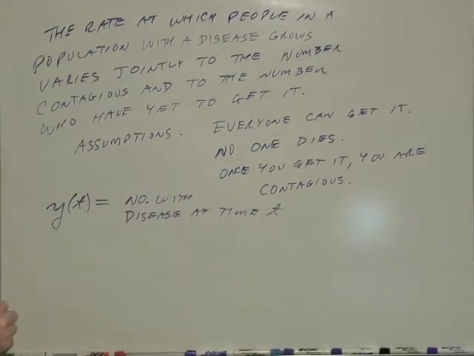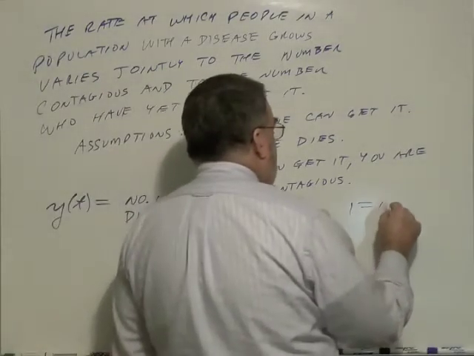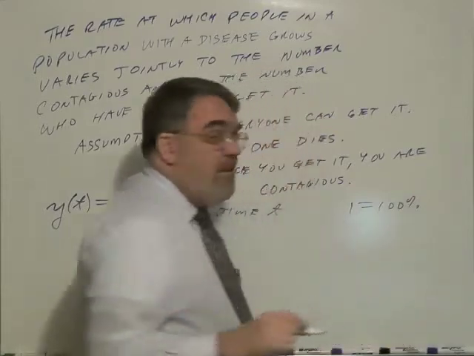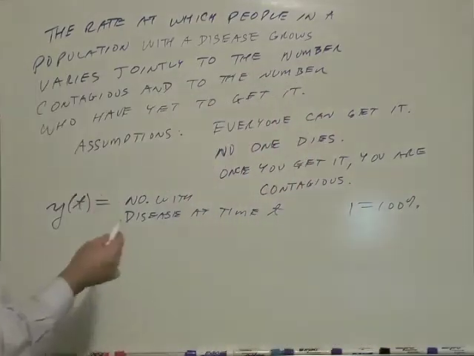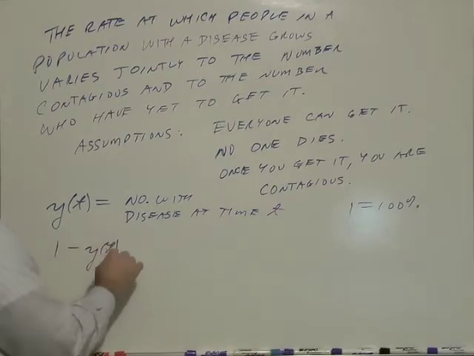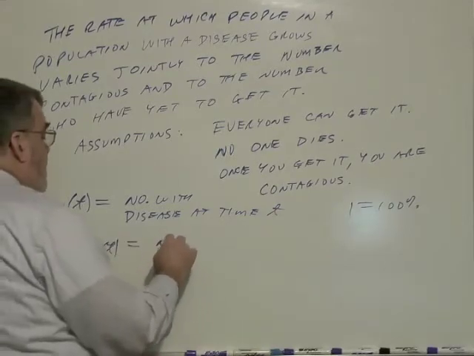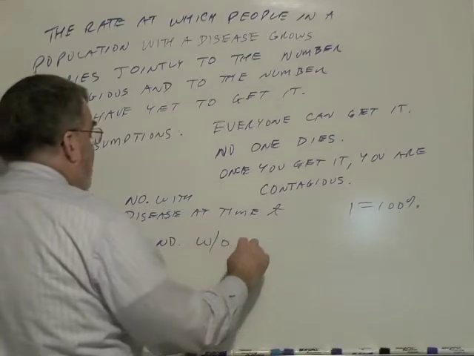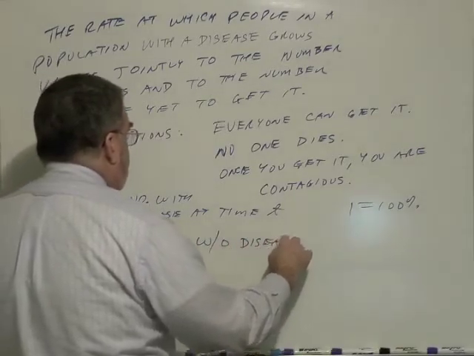And then, how many people don't have the disease? If I'm working with proportions here, then if 1 equals 100% of the population, then 1 minus y of t would be the number without the disease at time t.